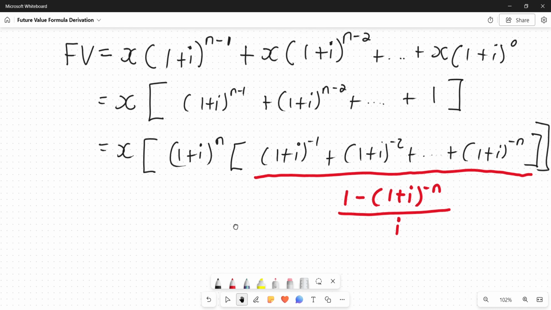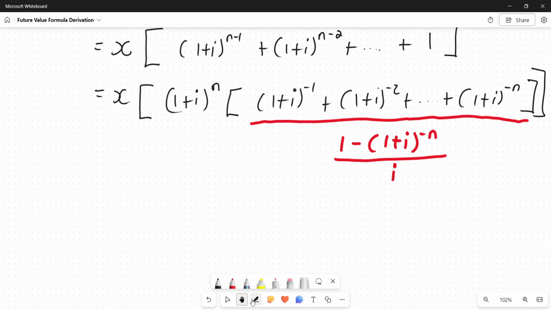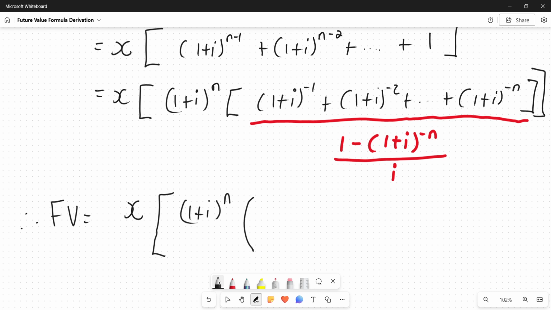So in order to simplify this expression, therefore, the future value equals x into, don't forget this, 1 plus i to the power of n, into our series. The sum of our geometric series is 1 minus 1 plus i to the power of minus n, all divided by i.